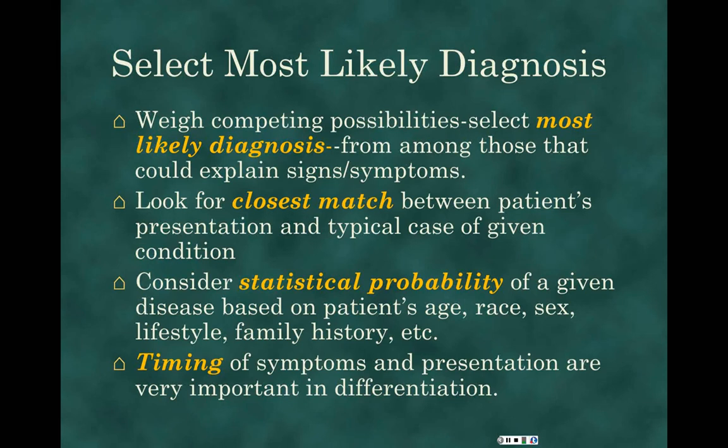So your first thought for someone who is 70 years old might be carcinoma, whereas your first thought with someone in the 20s might possibly be TB, especially if they were an immigrant. We also look at timing of symptoms and presentations. They're very important in our differentiation: when the symptoms occur and in relation to what kinds of things. So timing is extremely important.